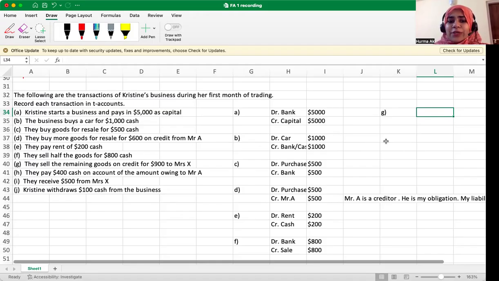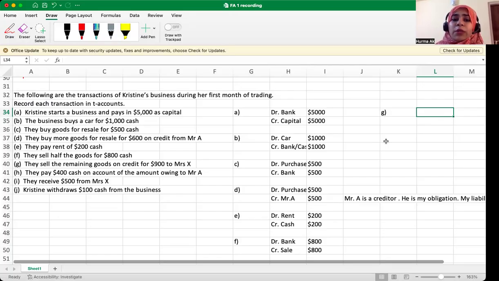Interesting. So we have not got cash, but we're going to be receiving some money from somebody called Mrs. X. We do open general ledger accounts for individual customers and suppliers, which we will learn later on when we get into the details of financial accounting.